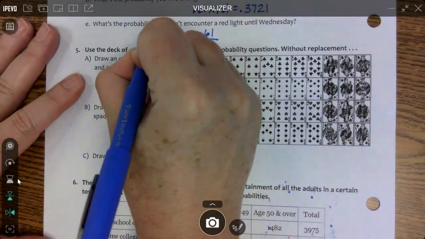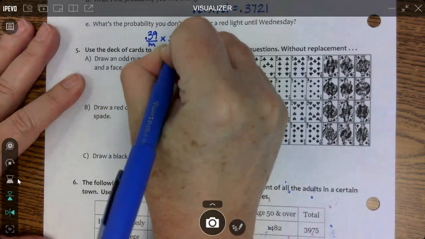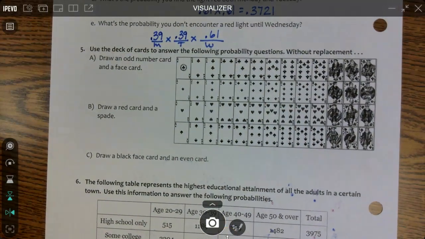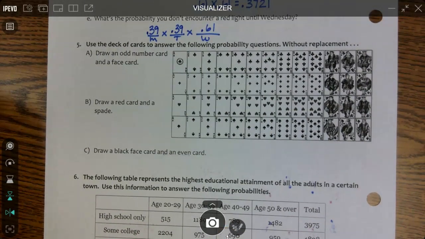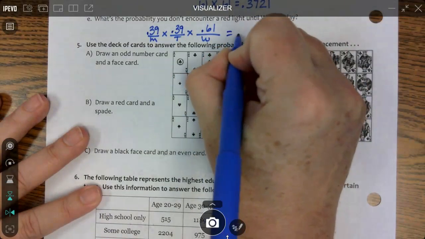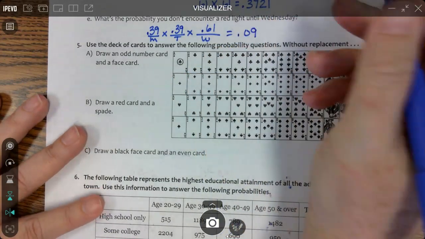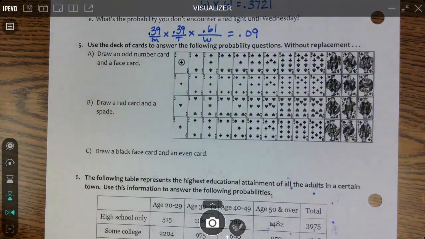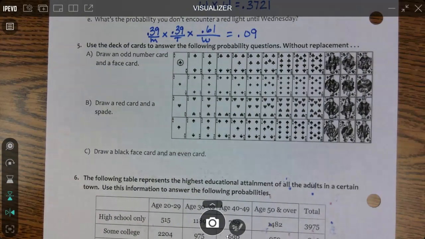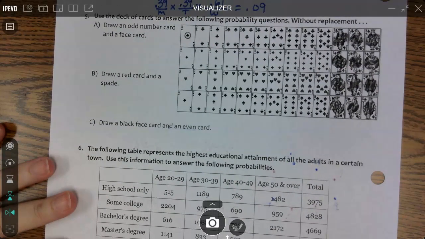So 0.39 times 0.39. Okay, let me grab my calculator. So 0.39 times 0.39 times 0.61, and that would be 0.09. So there's a 9% chance I would only get my red light on Wednesday.